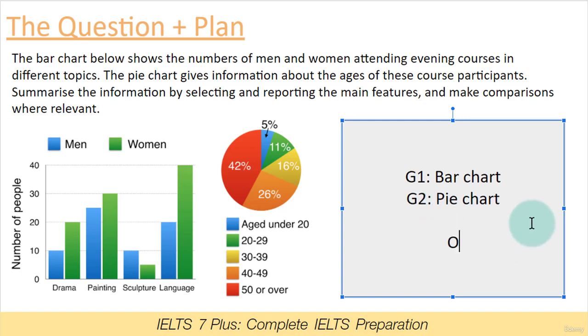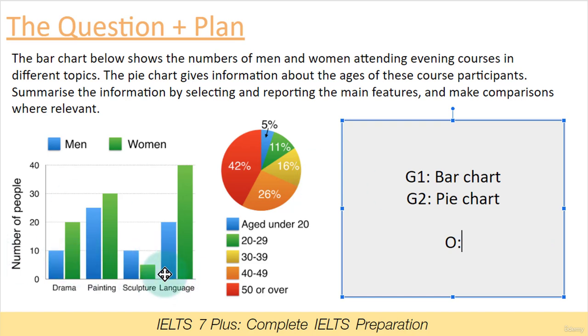Okay, and overview. So I often say 2 things for the overview. Occasionally, just one big picture sentence is okay, but it makes sense really to give 2 sentences for this. My first sentence, I'll say something about the bar chart. And my second sentence, I'll say something about the pie chart. Now let's take a quick look.